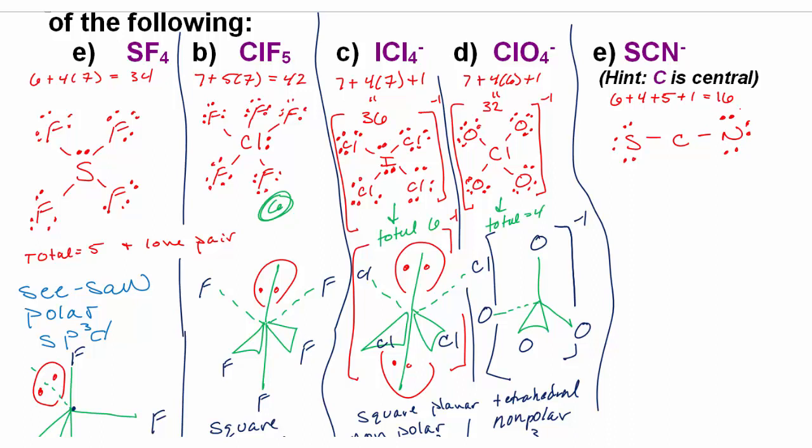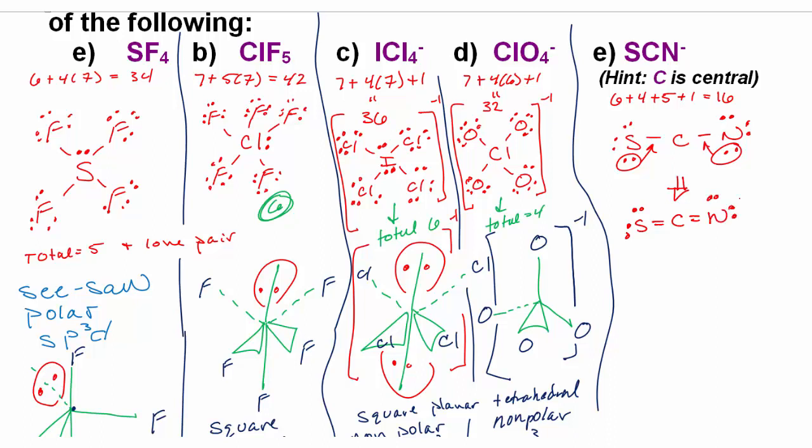So there's 16 total. That's definitely not going to be my best Lewis dot structure. So let's try moving in and making some double bonds here and see if that helps. That means we would end up with something that looked like this.